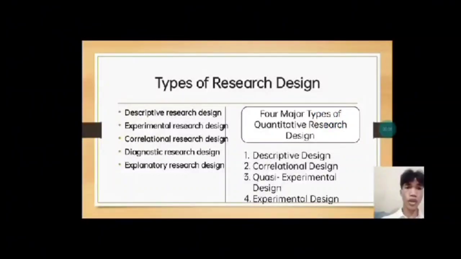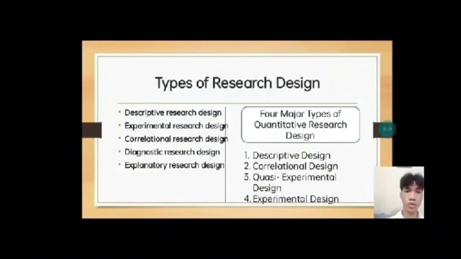So let's move on to correlational design. This sort of research design utilizes statistical analysis in order to determine whether two variables are related or not. For instance, case study and observational study.